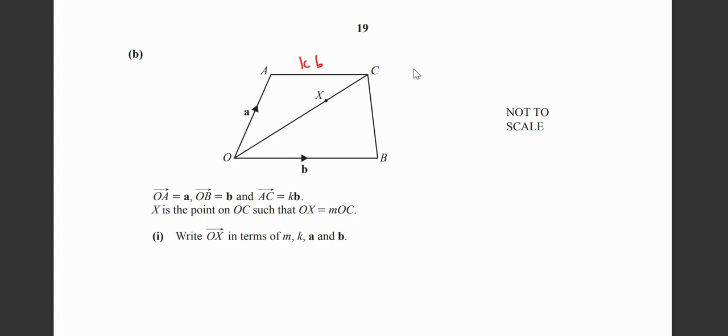Now look, if we find OC, we start from the back side of the arrow. We go from OA, and then we go from A to C. So it's OA plus AC, which turns out to be A plus KB.